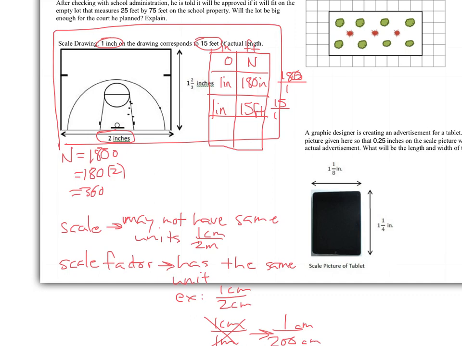But remember, this converts from inches to inches, so this is 360 inches. Now if we want to figure this one out, we actually need to convert it down to feet. So I end up having to divide by 12 here to get this down to 30 feet. So this creates an extra step when we convert it like this in this particular problem.